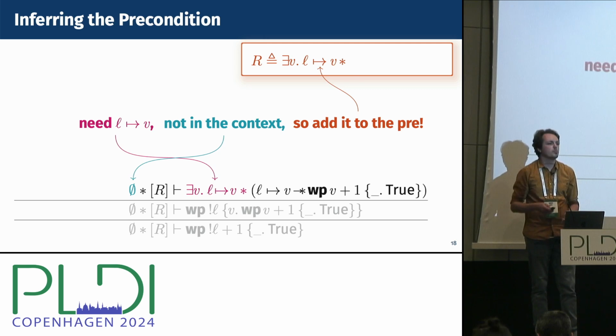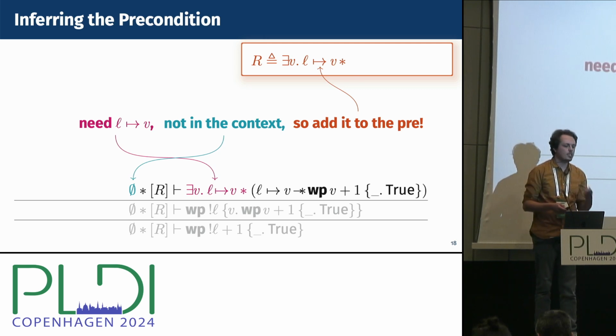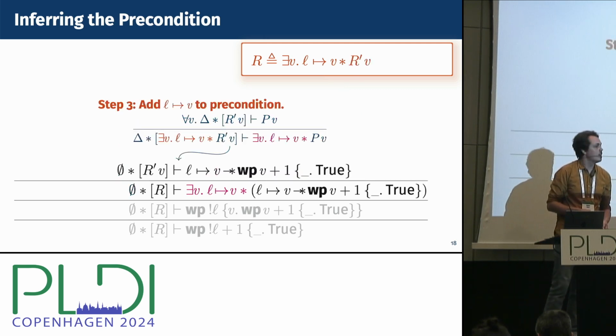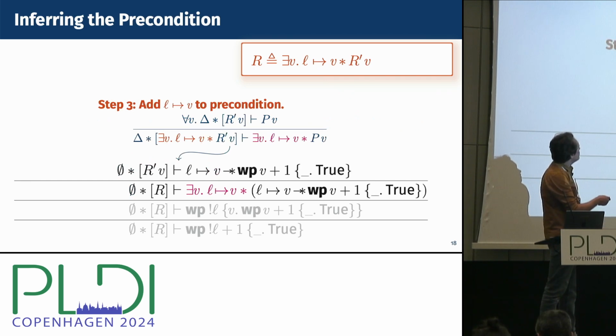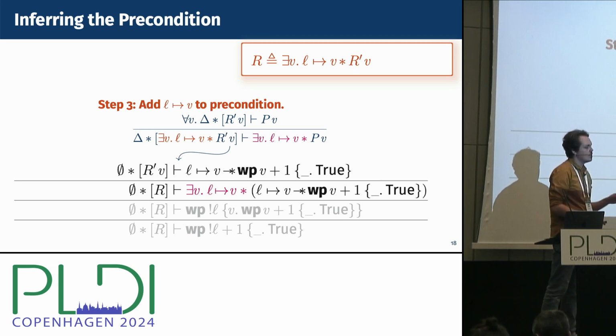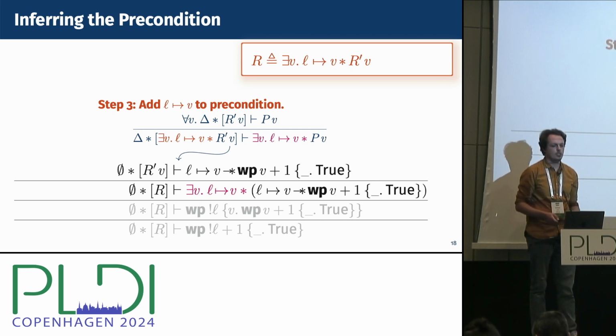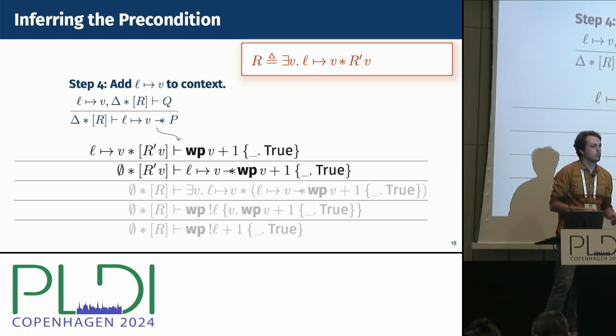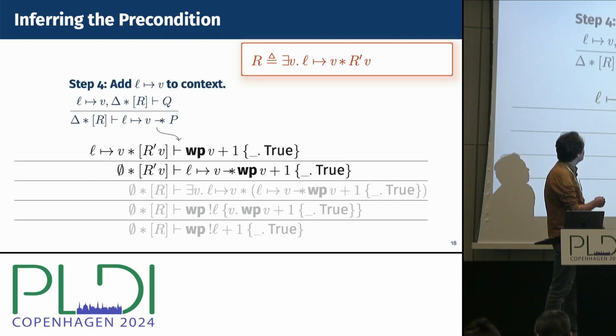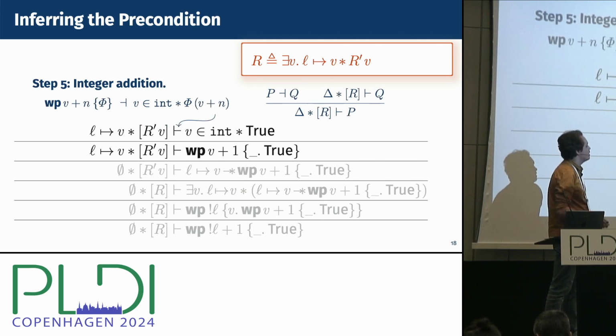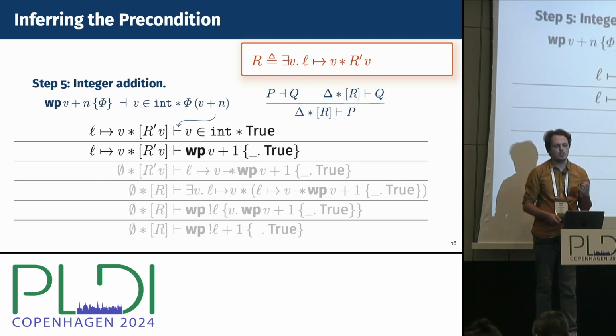And then once we have done that, we can continue with normal verification. The way we do this is we remove this obligation from the goal, we add it to the pre, and then we introduce a new variable r prime that we will infer in the rest of the verification. And then next, we introduce that points to assertion into the context, and we apply a rule for integer addition.